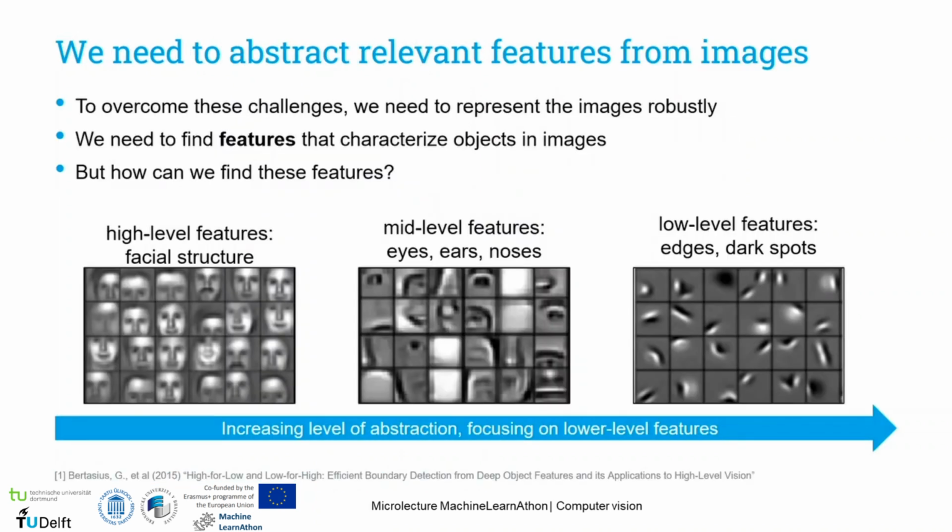And if you think a bit about it, usually there's some kind of abstraction process. So you have some kind of high-level features, which might be a face of a human. And then you have mid-level features. That's the eye, the ear, the nose. But there's also very low-level features. And that could be a line or a dark spot or something like that, right?